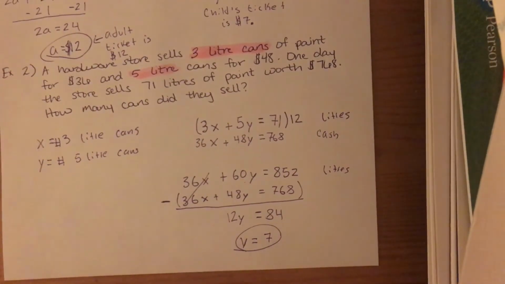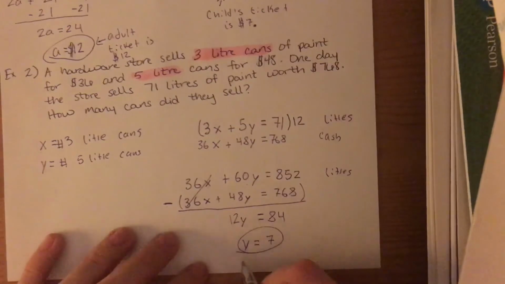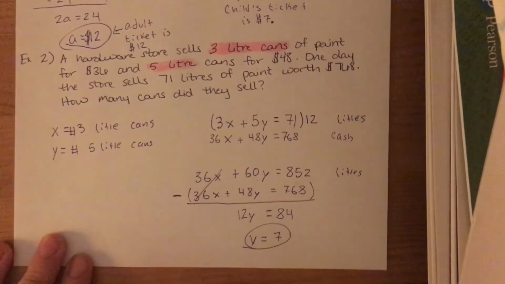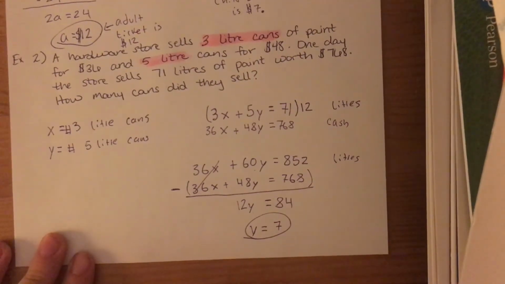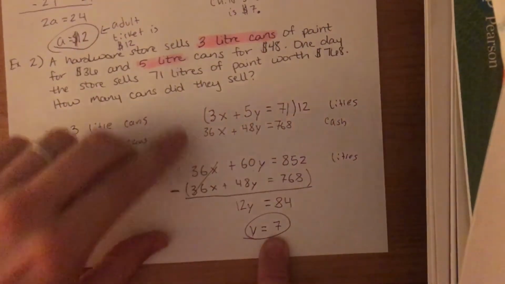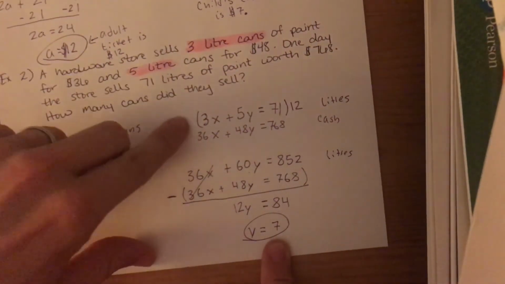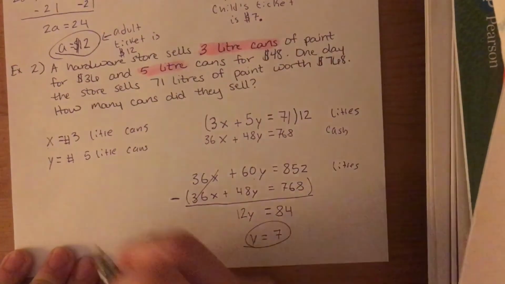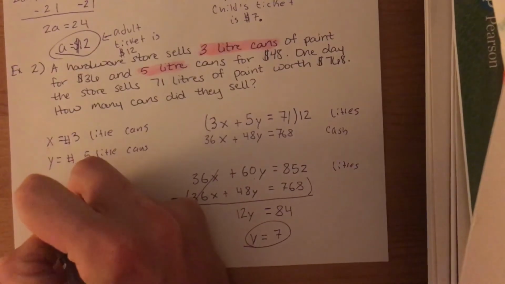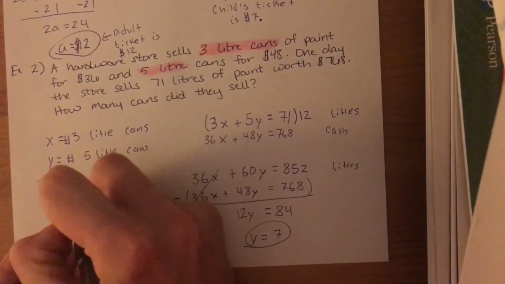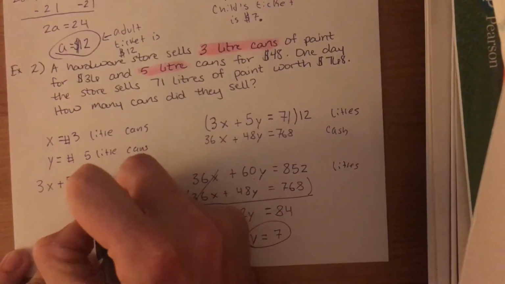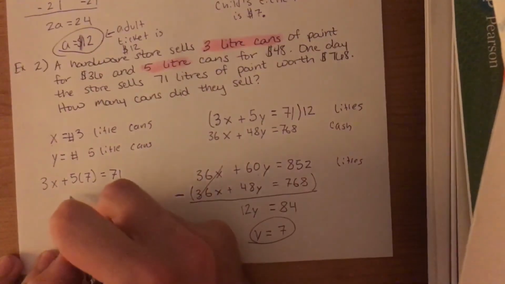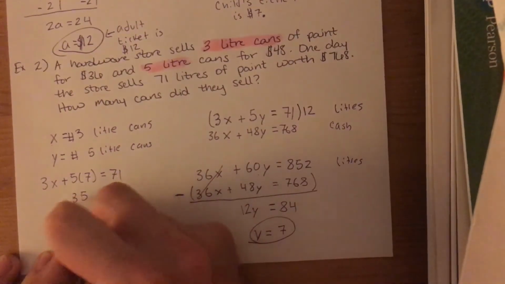And so the last thing that we've got to do here, we figured out that they sold 7 5-liter cans. We have to figure out how many 3-liter cans they sold. So again, you can pick any of these equations to substitute into. I'm going to opt for the first one because it's easier to substitute into. So we've got 3x plus 5 times 7 equals 71. So that's going to give us 35.